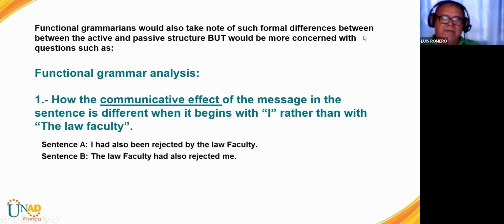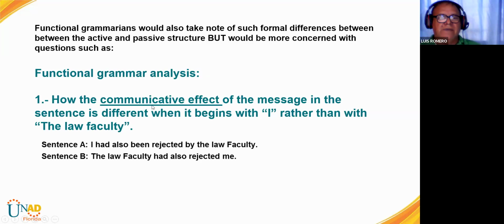I mean, that is not an aspect simply related to formal grammar analysis, but it is also important for a functional grammar analysis. But we have to emphasize here that functional grammarians would be more concerned with questions such as the following. Functional grammar analysis.